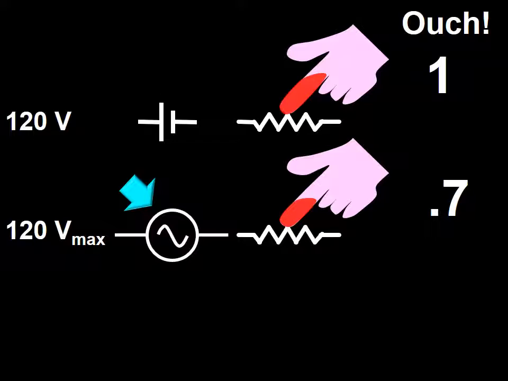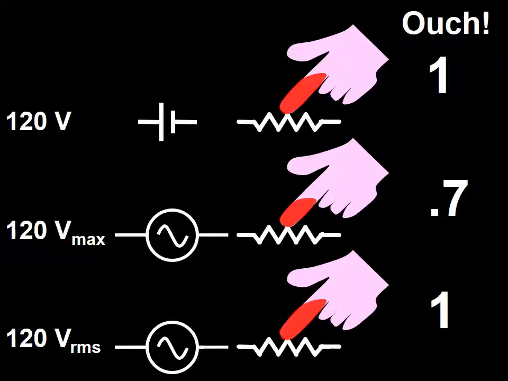In this frame, I have introduced an alternating current with a maximal voltage of 120. After keeping the finger on the resistor for the same amount of time as before, when it was exposed to direct current, the extent of the burn is less. This I have represented by 0.7 Ausch.